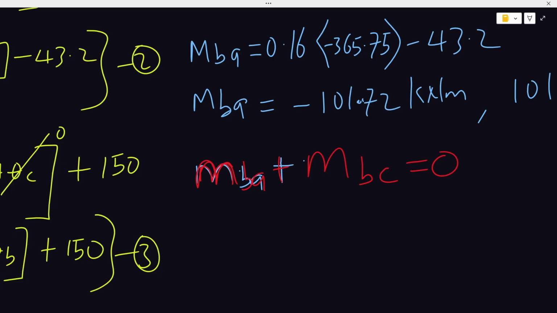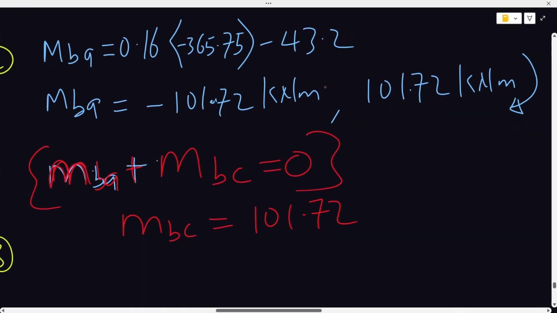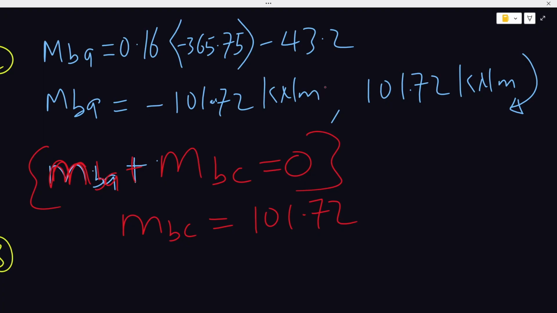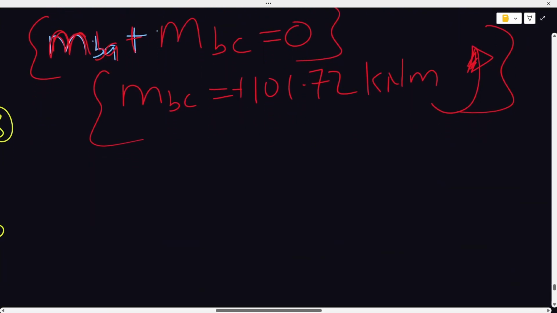So MBC will also be 101.72, but in the opposite way, because if MBA is minus 101.72, then when you carry this to the other side of the equal sign, minus comes to minus, then you have positive kilonewton meter, but now anti-clockwise. So we don't need to solve the slope deflection and stress ourselves when we have one sweet equation.